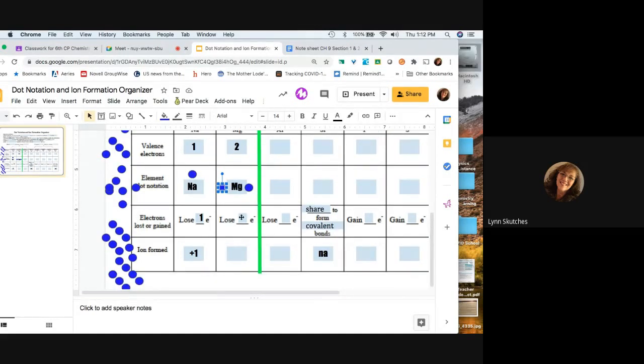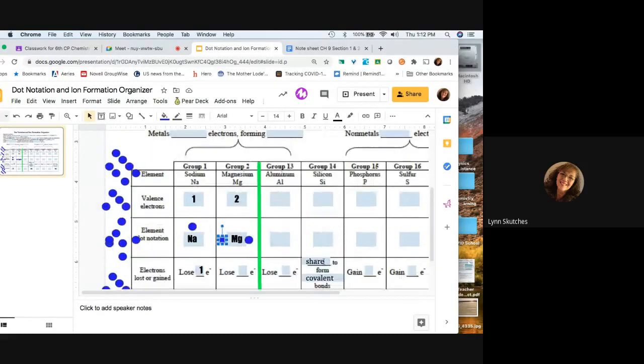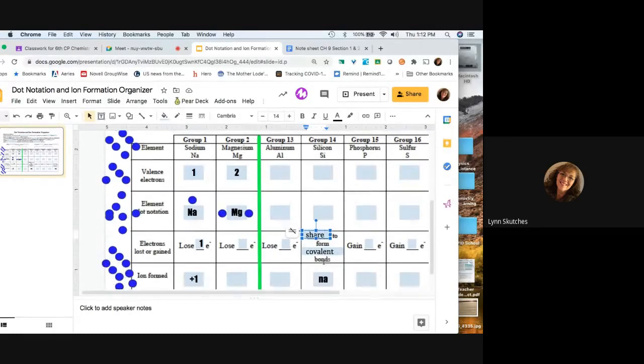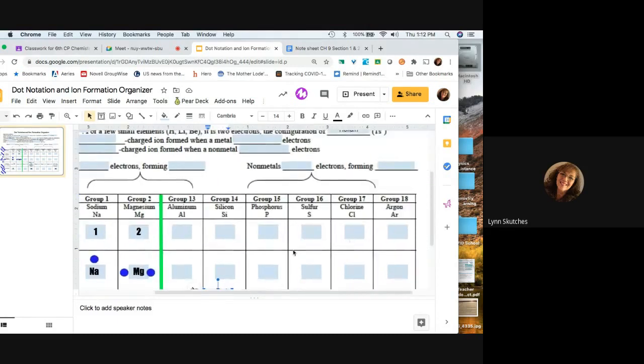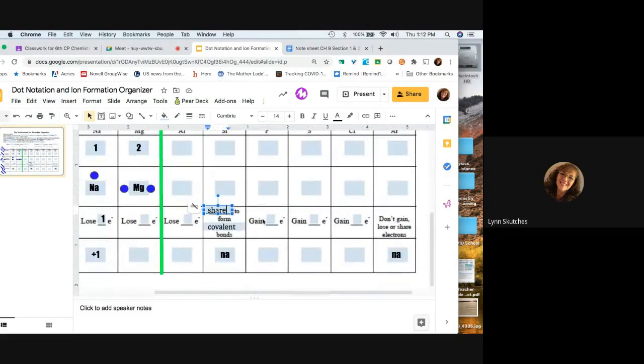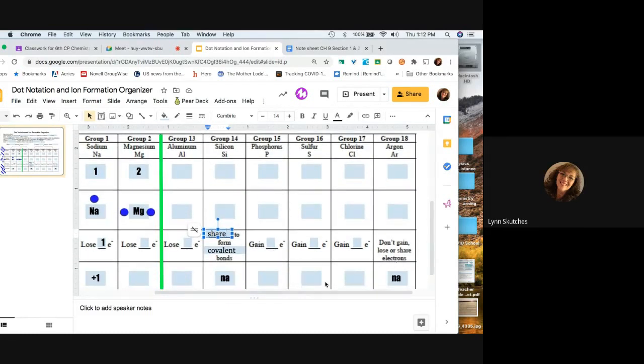You've got the idea. Everybody that's a cation is going to lose electrons. Then type this in for group 14: the first 3 elements in group 14 share their electrons. They don't lose or gain, and they form what are called covalent bonds, which we'll get to in a bit. Phosphorus has 5, so it's going to gain 3 more to get an octet.